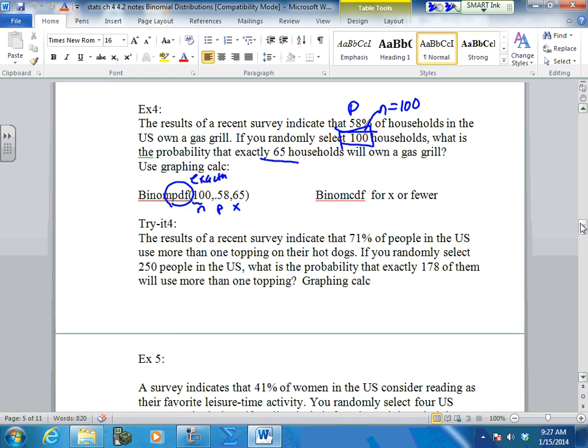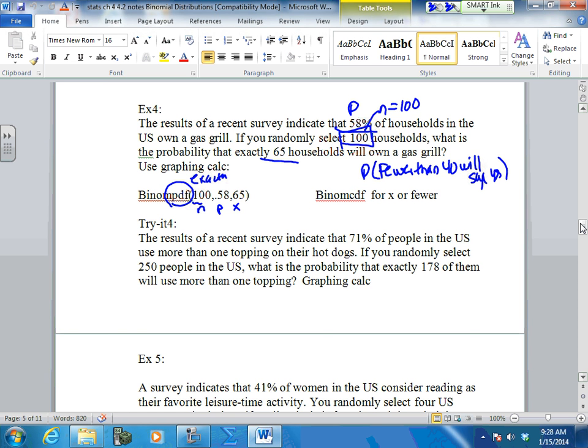Now, I ask, what is the probability that fewer than 40 will say yes? Will say yes, they own a gas grill. Fewer than 40. So I want to do this table 39 times. So this is where you'll use your cumulative.